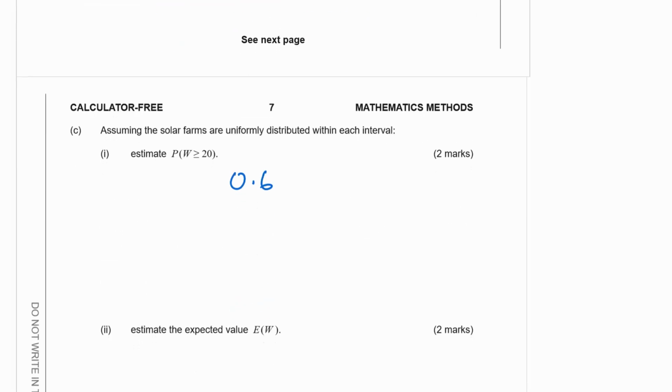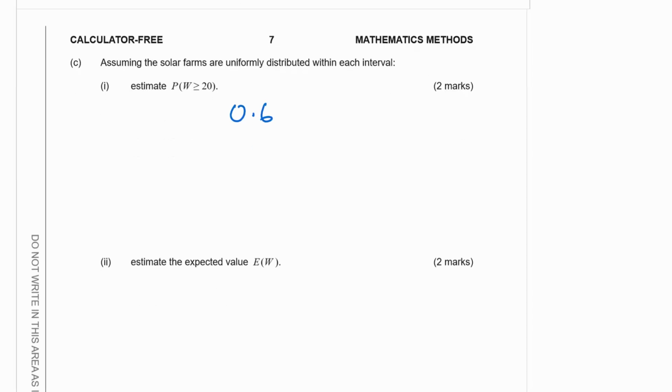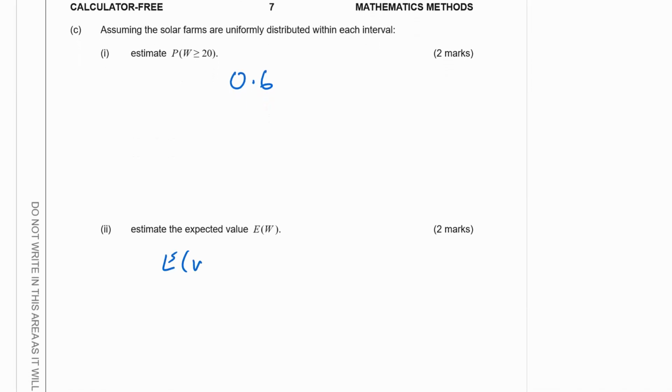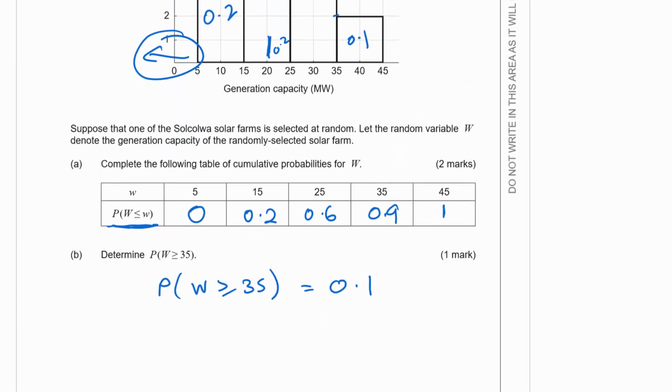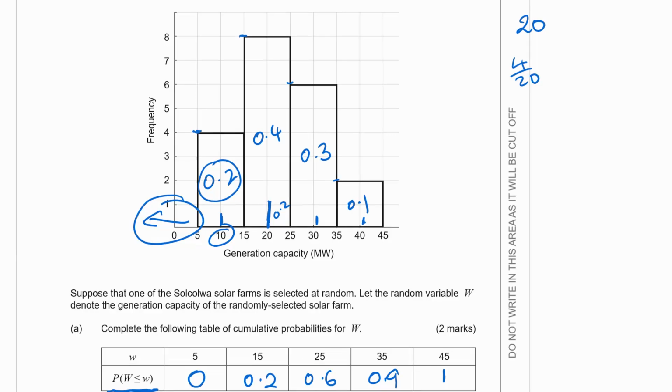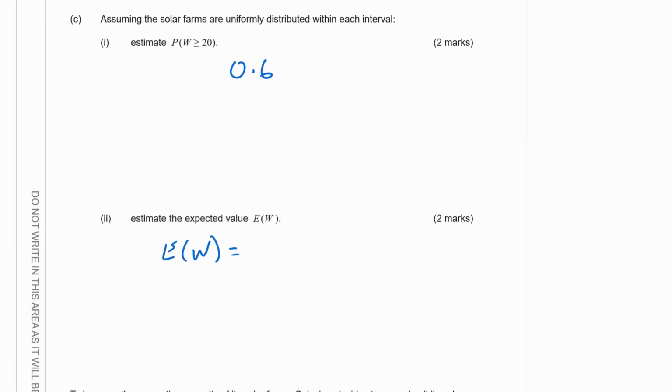And then we want to estimate the expected value, E(W). So we know that the expectation of W is going to be each value, which we'll take as the central value, times the probability. So the first one is going to be 10 times 0.2, and then the next one would be 20 times 0.4, and so on.